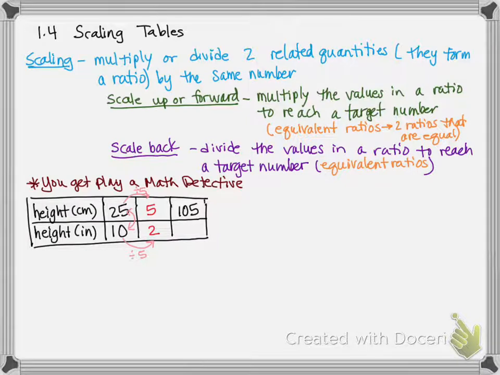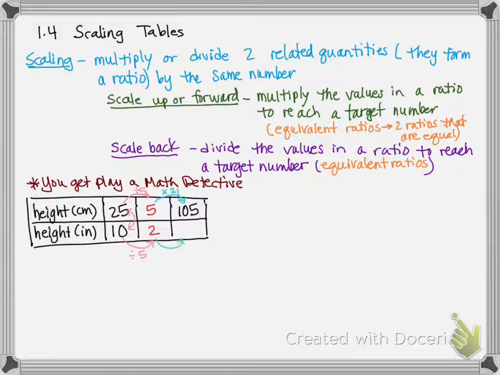So now, can 5 go into 105? And the answer is sure, it ends in a 5. So I'm going to go bigger, so I'm multiplying, so I'm going to scale up now. 5 goes into 105 twenty-one times, so if I multiply 5 by 21, I get to 105.